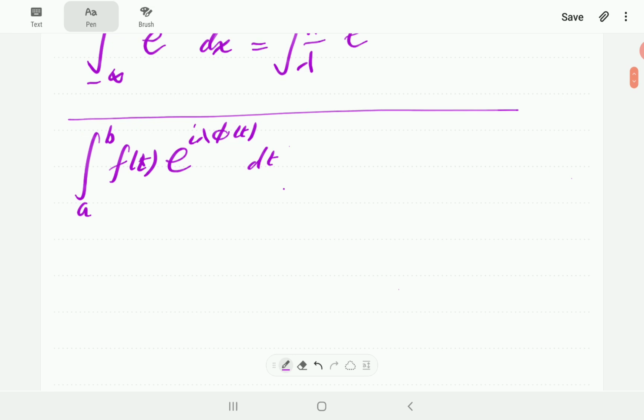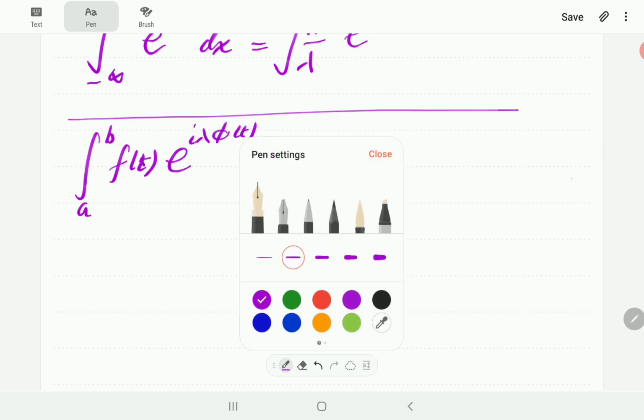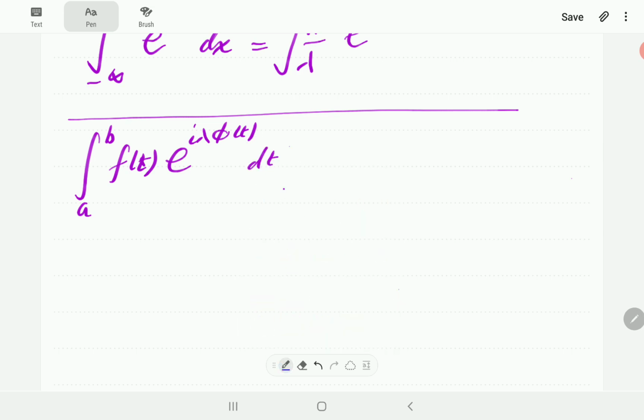I've already mentioned that the major contribution is going to come from the stationary point of this function called the stationary phase. So let's imagine that t naught is the stationary point of phi.